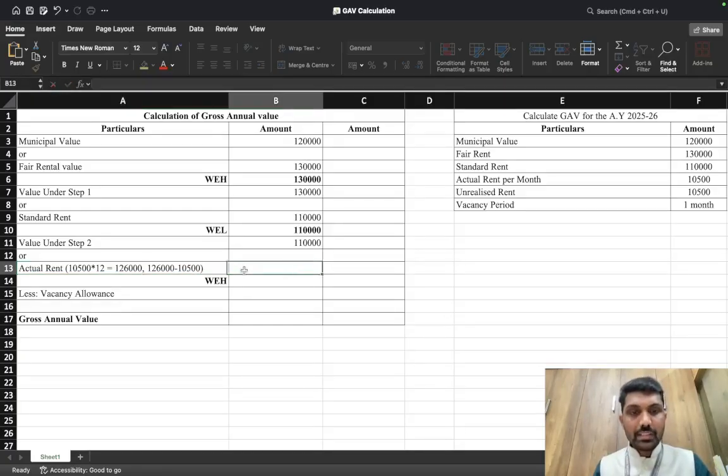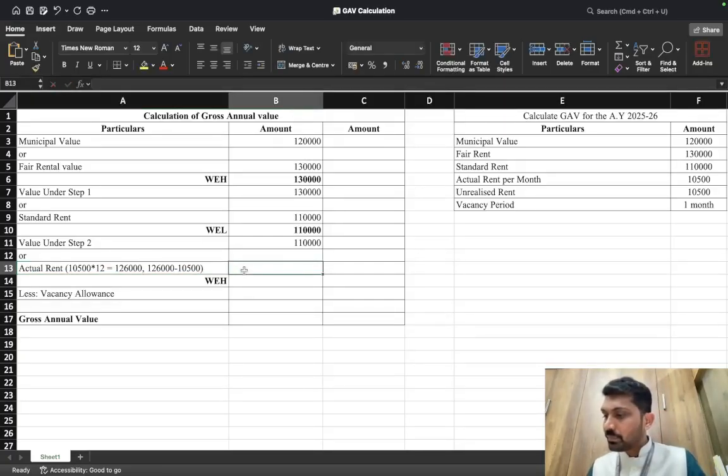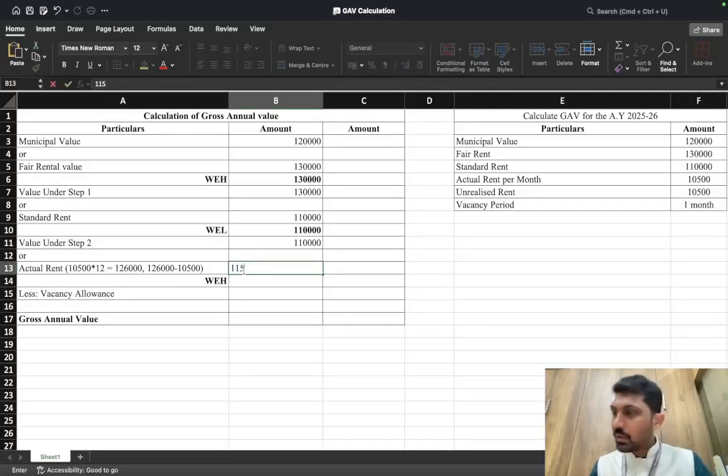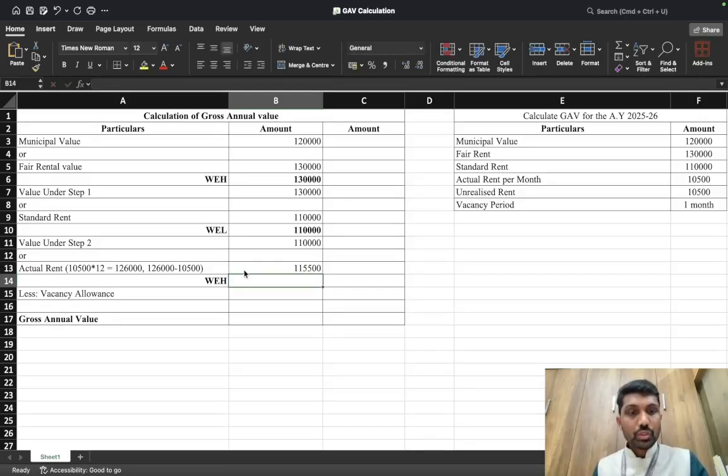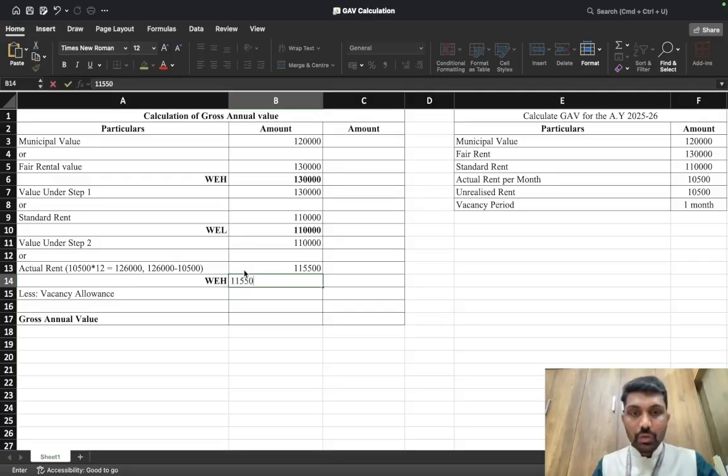If you are minusing, you will be getting 1,15,500. So this is the answer you are getting here. While comparing here, we have to take whichever is high. So 1,15,500 is the higher value and will be considered.